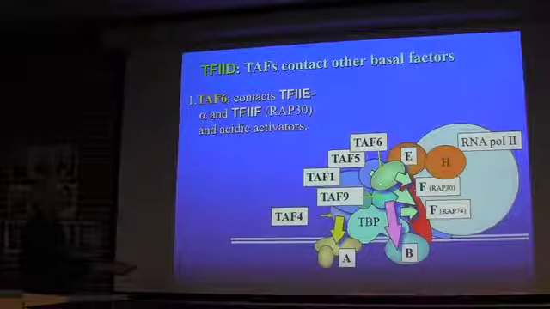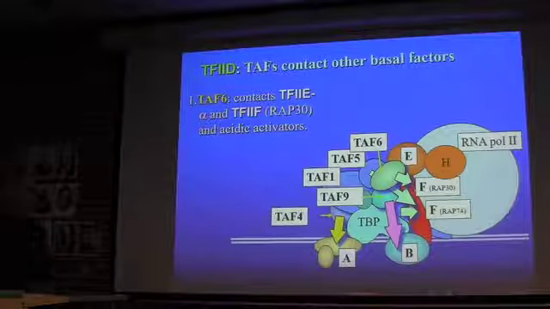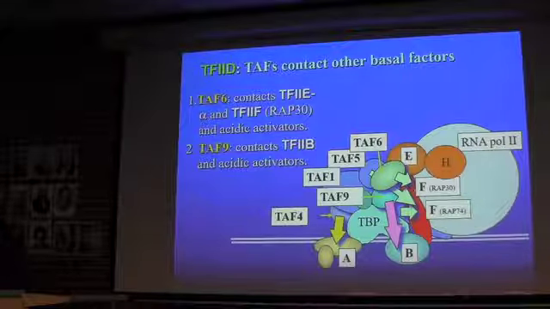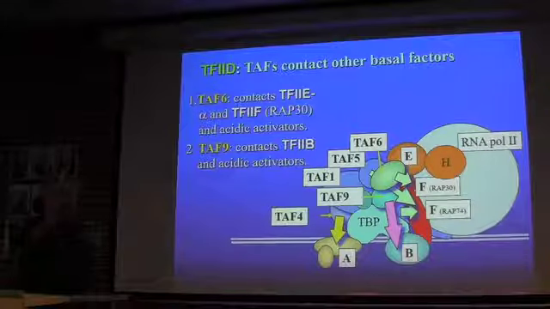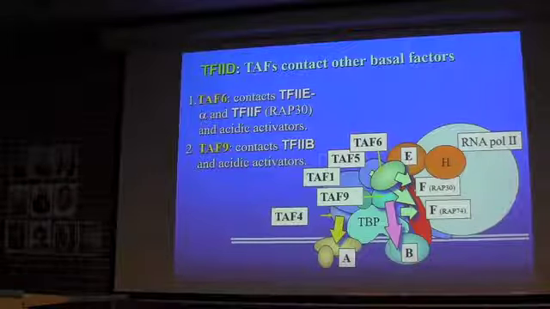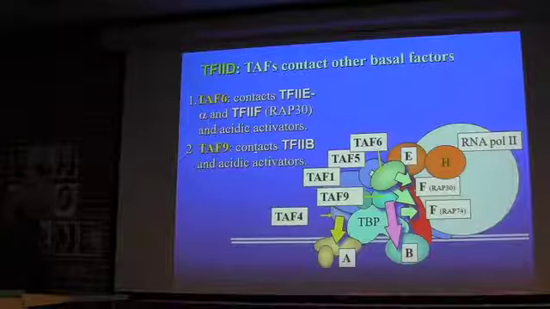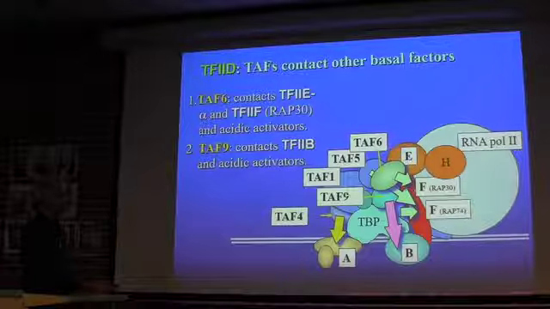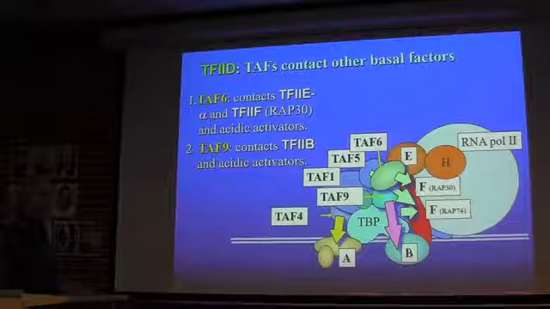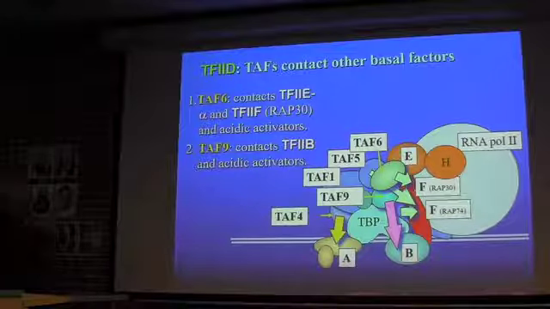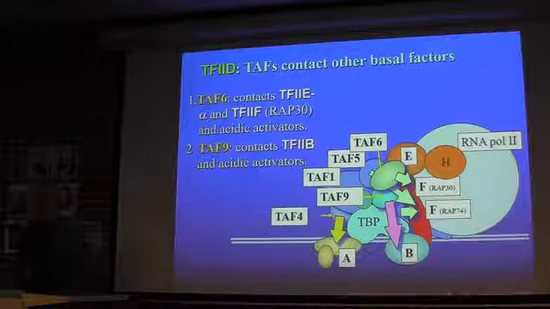It's also making contact with the large subunit of E. TAF9, 6 and 9, they've usually been a pair, and now you see they have separate affinities also. Here you see TAF9 is making contact with TFIIB. So 6 is making contact with E, and 9 is making contact with B.